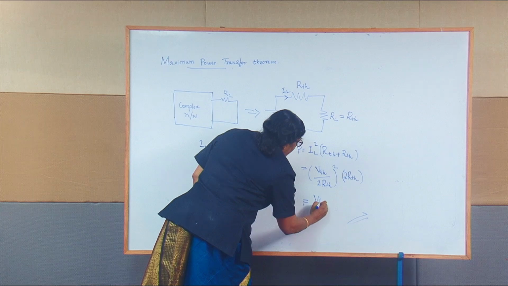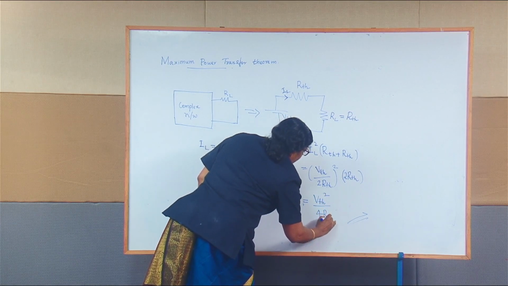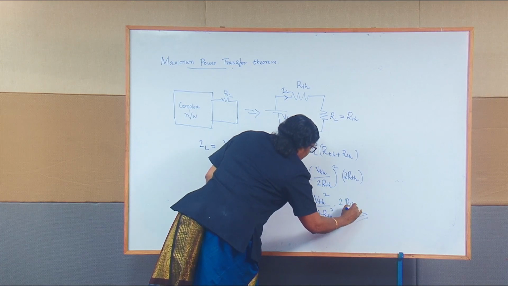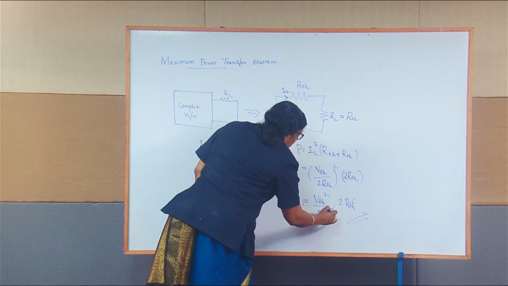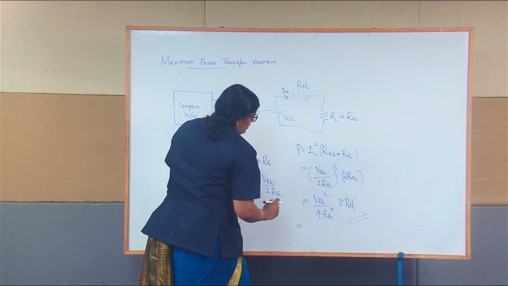So this is V Thevenin square by 4 R Thevenin square into 2 R Thevenin, so the 2 gets cancelled.